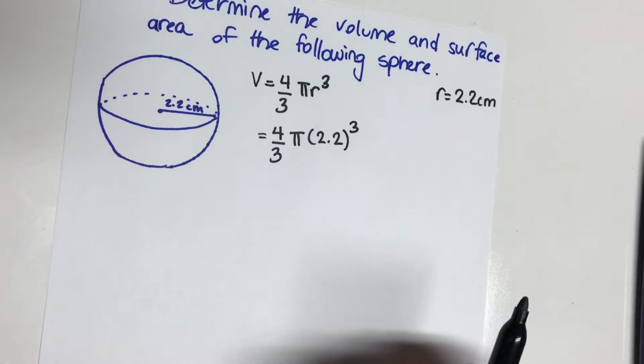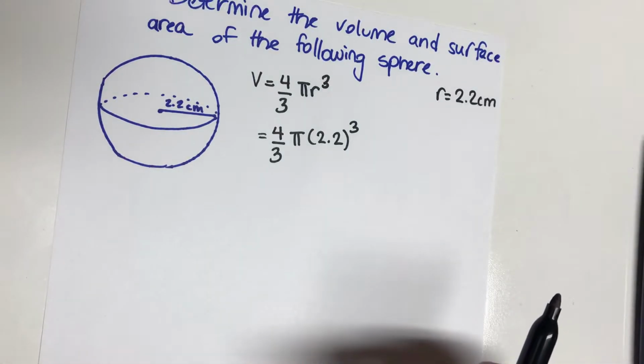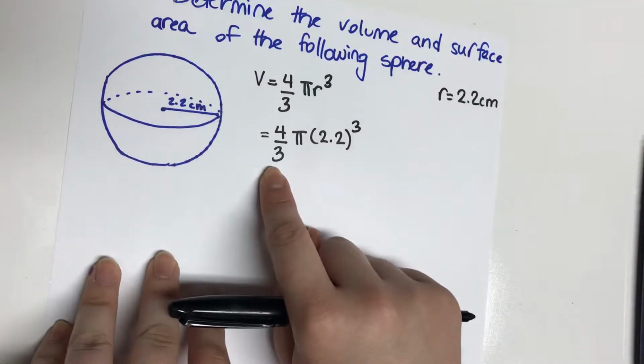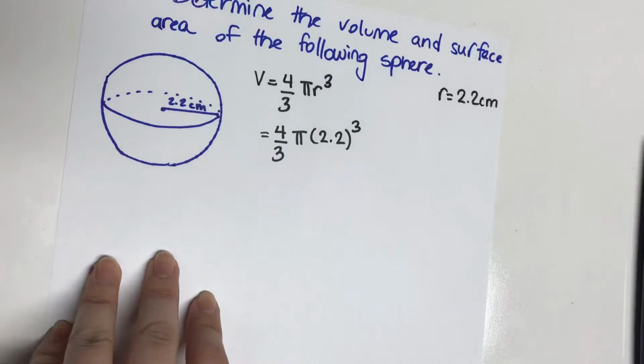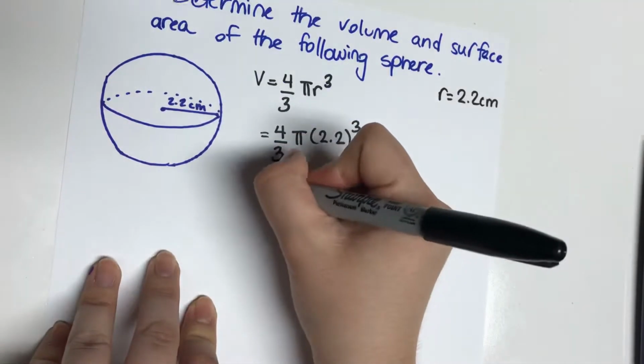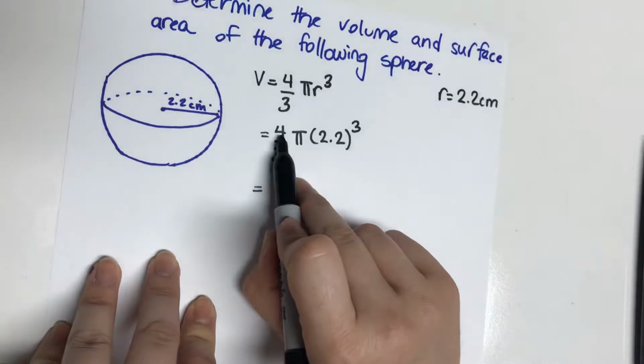2.2 cubed. Another way of writing the volume of a sphere is I can think of this fraction 4 over 3. If I put it into a calculator, I get a long decimal. So I want to keep it as a fraction for as long as I can to get a more accurate answer to avoid rounding. So I can think of this as 4 is in the numerator.